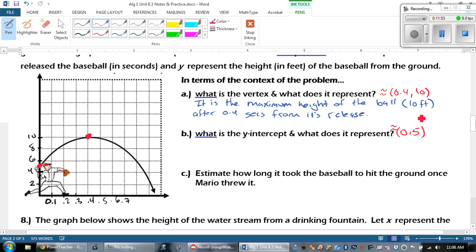Sorry, we're estimating. Forgot to put the squigglies. Well, it's the height, right? So it's the height of the ball before Mario released it.